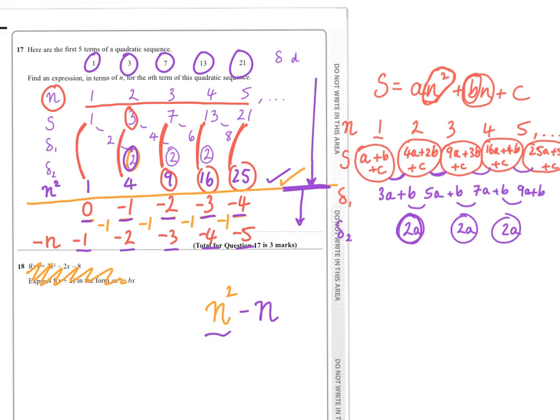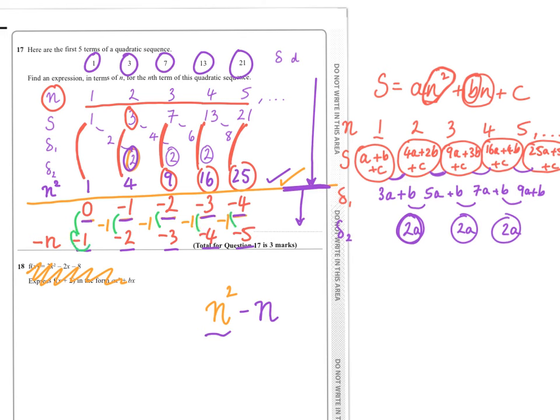But is that enough? Well, let's compare it to our sequence, and I'll choose a different colour. So let's have a look. How did -1 compare to 0? Well, we needed to add 1. How does -2 compare to -1? We need to add 1. Add 1, add 1, add 1.